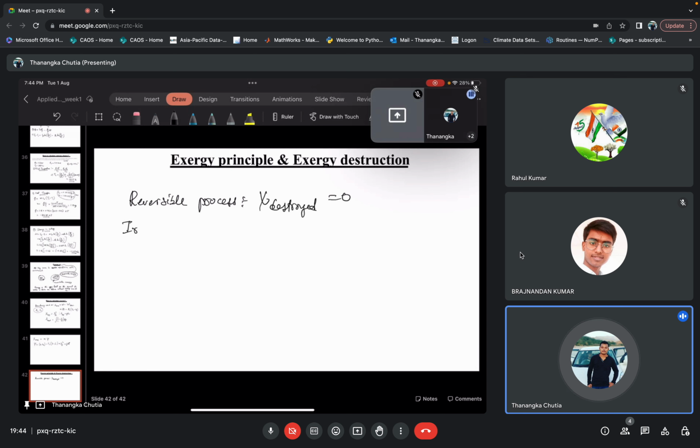For an irreversible process, exergy destroyed is greater than 0, and for an impossible process, the exergy destroyed is less than 0.